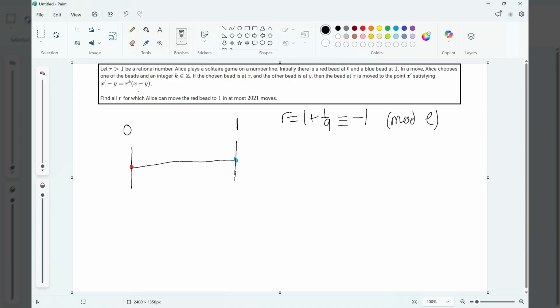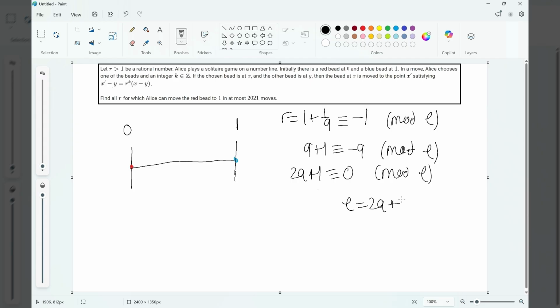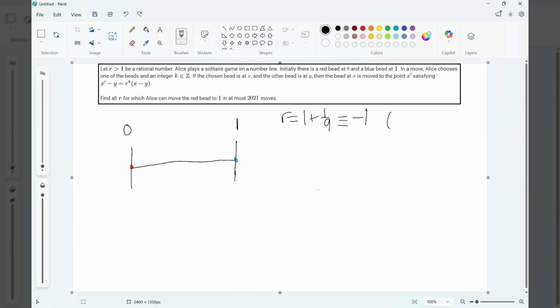Then that means that when we multiply both sides by q, q plus 1 is equivalent to -q mod L. So 2q plus 1 is equivalent to 0 mod L. And this is a nice positive number, so might as well just set L equals 2q plus 1. So therefore, we can take things mod 2q plus 1.